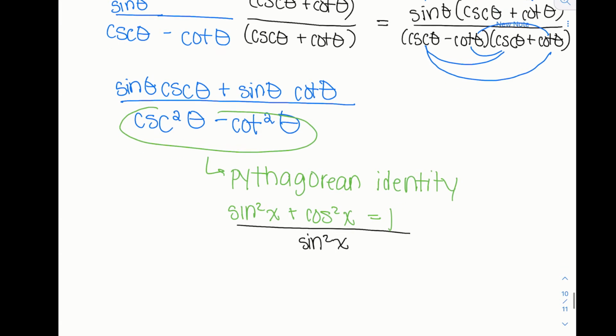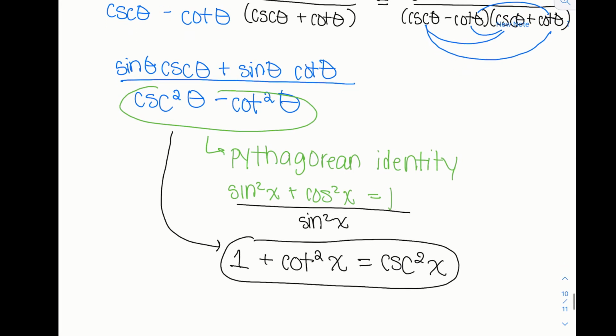So if I divide everything by sine squared, sorry if I said multiply earlier, sine squared over sine squared is 1, plus cosine over sine is cotangent, so that means cosine squared over sine squared is cotangent squared. And then 1 divided by sine is cosecant, so 1 divided by sine squared is cosecant squared. All right, so here is another Pythagorean identity. And so then I can kind of see we've got a similarity going on here.